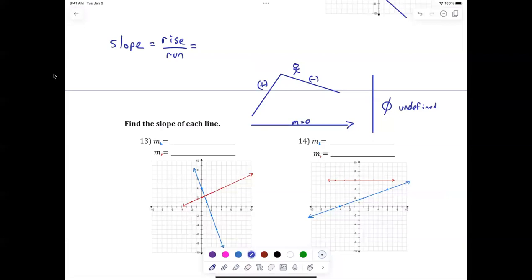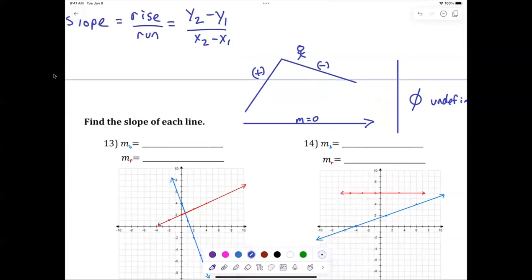Well, to calculate how much you went up, it's always y2 minus y1 over x2 minus x1. Now, that may not make sense to you until I show you this little piece. Let's say I was looking at my mountain here that we're climbing next week, and I'm going from these 2 points.